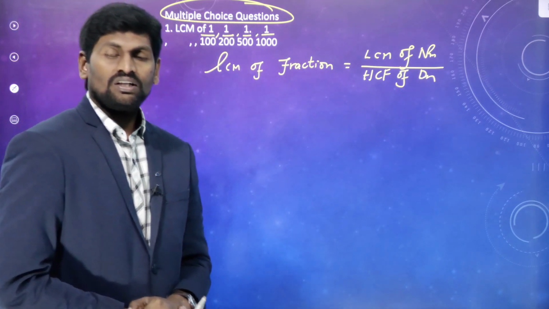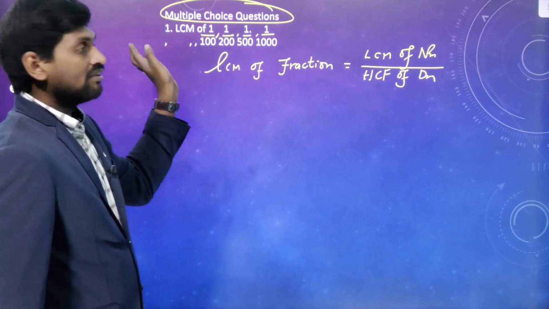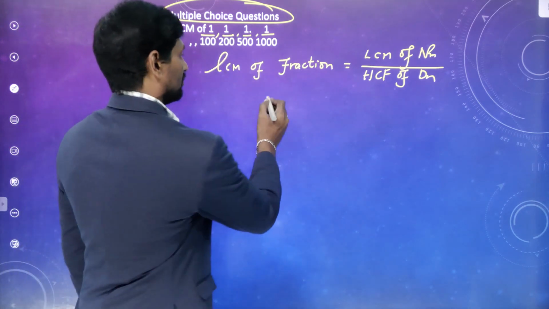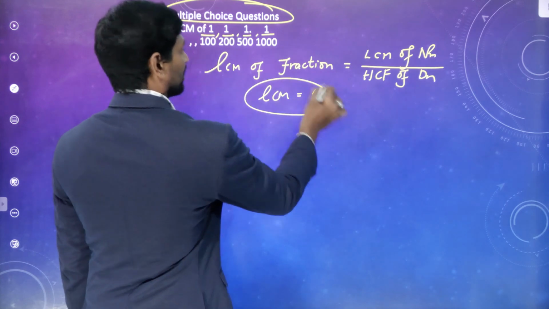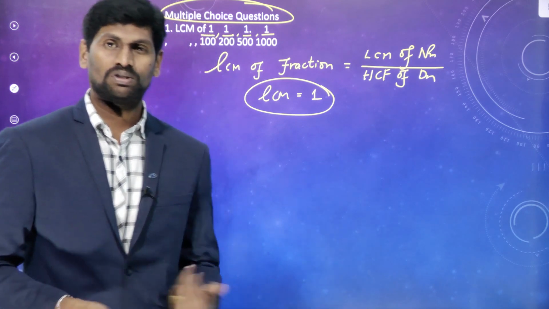While you are observing the numerators, from all the fractions we have only the numerator 1. Among them the LCM is 1 only. Because all are the same numbers, its LCM will give the same number.